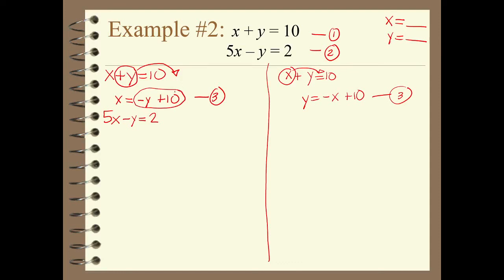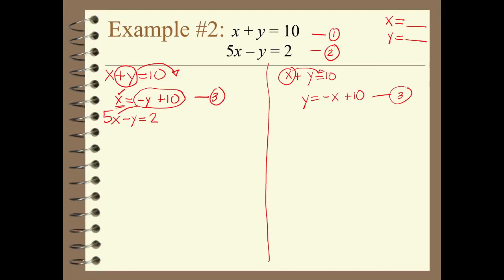Negative y plus 10. So take note, in equation number 3, the value of x is negative y plus 10. So I will substitute that over x. Just like what I said, if this is y, substitute that over y. Since this is x, I will substitute that over x.